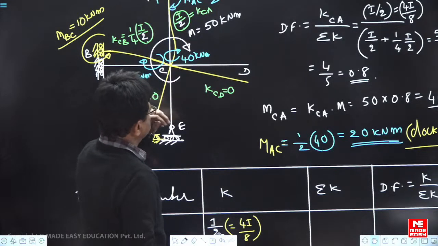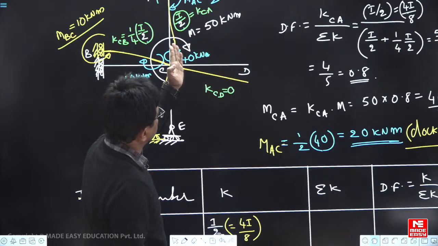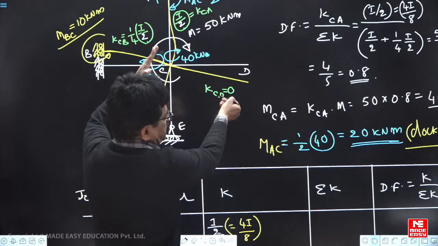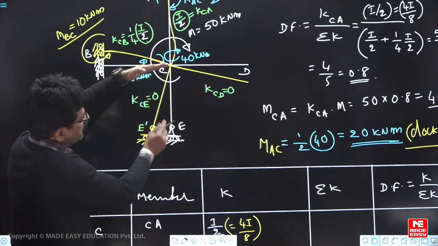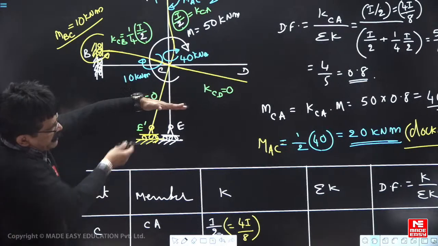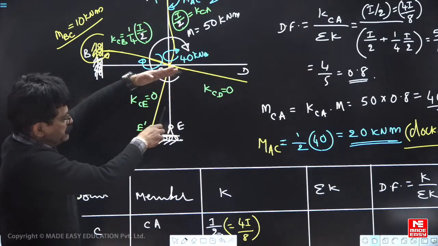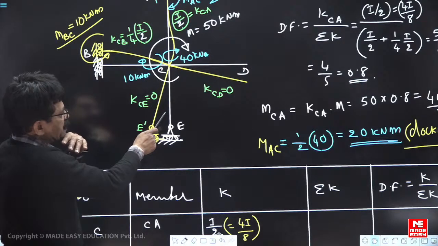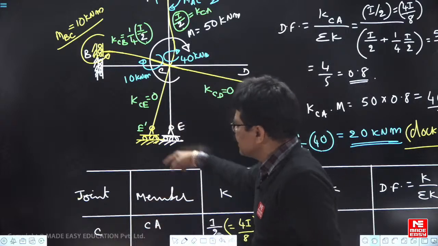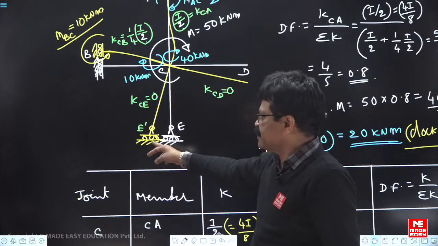That means whatever moment you apply here, moment is 0. If moment is 0 means what? It remains as a straight line. So when the far end is free, relative stiffness is 0. Now come to this one. When I apply moment, there is no reaction on this side. Then what is the bending moment at any section here? If reaction is 0, who will give bending moment? That means it behaves like a far end free only. Just because you have a roller support, it is not giving any moment. So it remains a straight line.